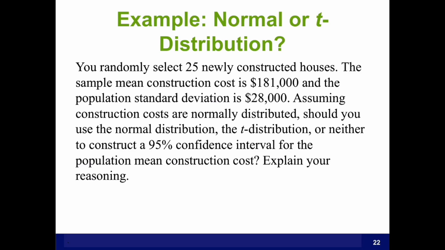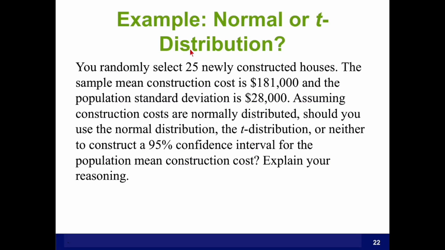Example: normal or t-distribution. We're going to read this statement carefully and find out if we need to use the normal or the t-distribution. You randomly select 25 newly constructed houses. We know that the sample is random, good. We know that the sample size is 25.